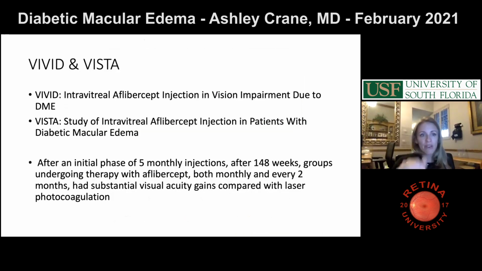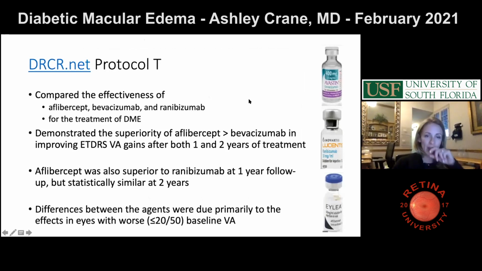The VIVID and VISTA studies looked at aflibercept, and after an initial phase of 5 monthly injections, after 148 weeks, the groups undergoing therapy with aflibercept, both monthly and every 2 months, had much better visual gains compared to laser. I don't think I have a graph for that one.